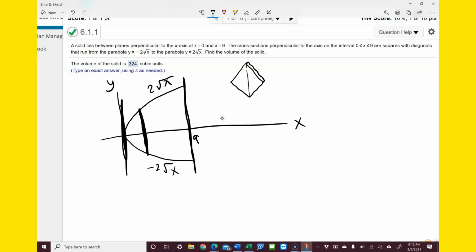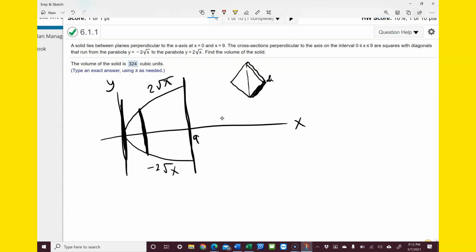And then we're going to look at it as a very, very thin square prism. Okay, so this is dx, this really thin thickness right here.